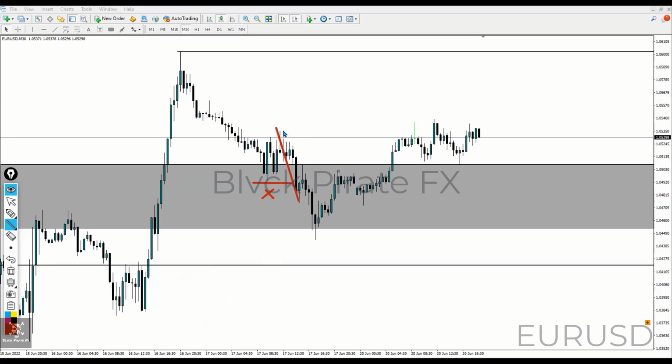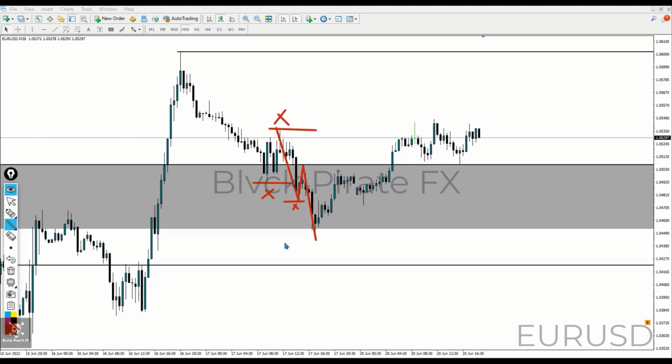In here, I would be watching this as my structure, and as soon as this candle closes, I'll be watching here as my structure as well. Price goes high, but it doesn't go high enough to take out buy side liquidity and break structure. Instead, they go low and break structure on the lower side.